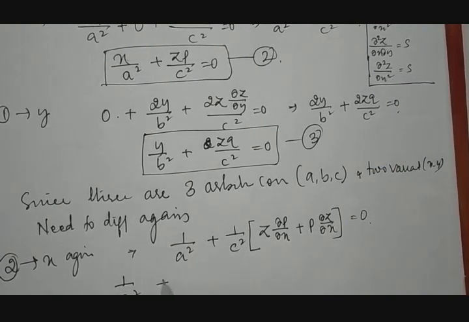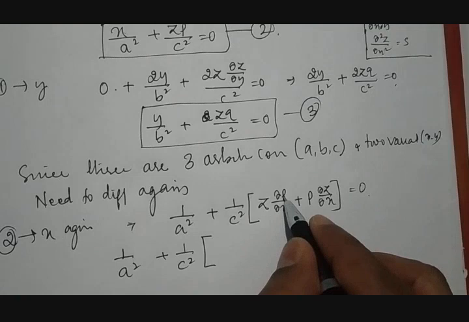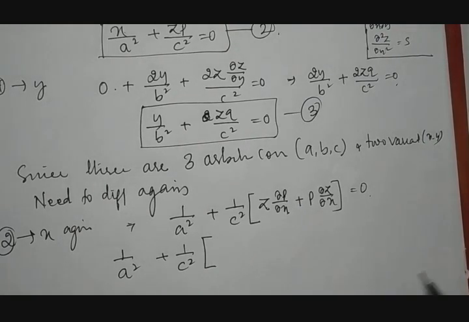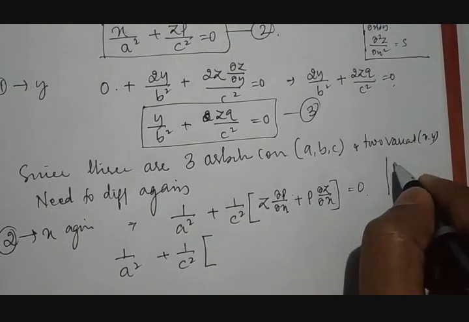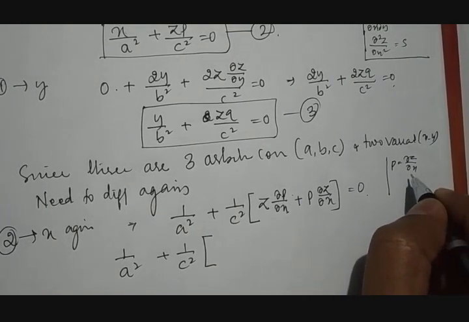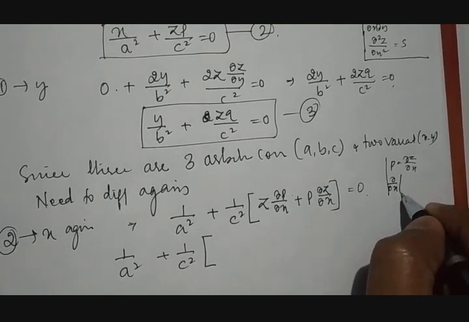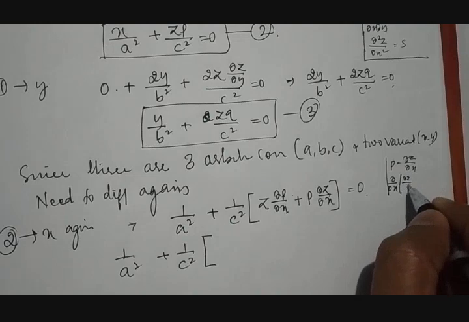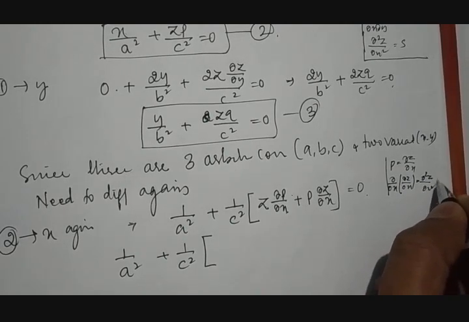But as per the notations, this is nothing but 1 divided by a square plus 1 divided by c square into z into, let us see what is dou p by dou x. Dou p by dou x is nothing but, p itself is dou z by dou x, correct? So this is dou by dou x of dou z by dou x, which is nothing but dou square z by dou x square.